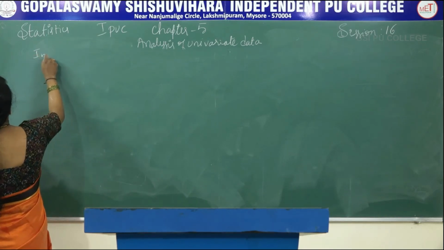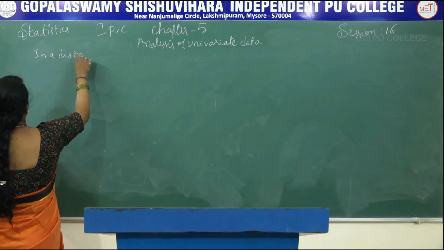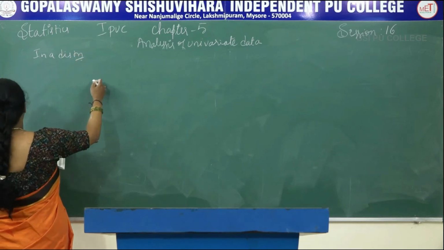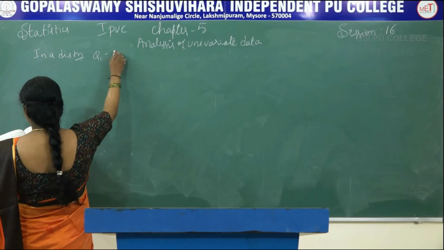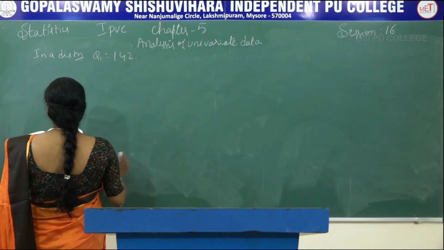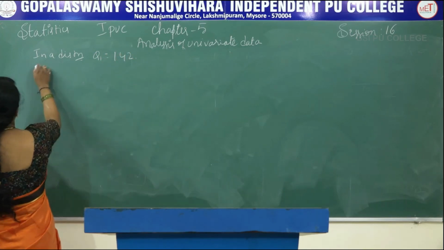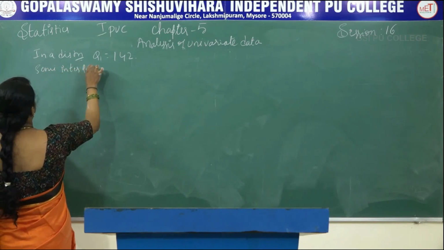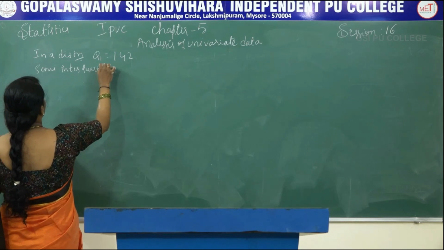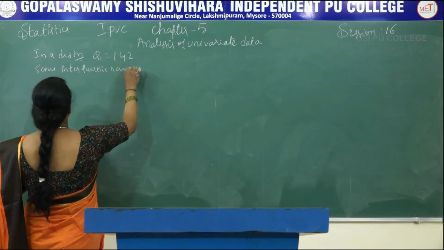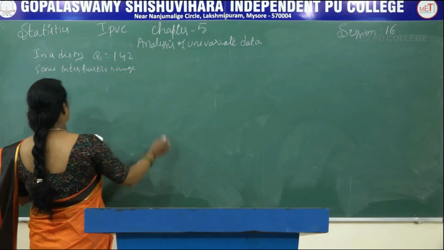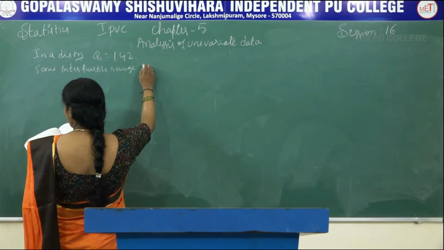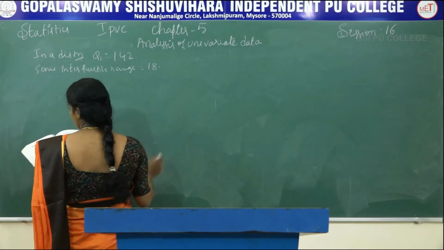In the distribution, the first quartile, that is Q1, is equal to 142. Semi-interquartile range is nothing but (Q3 minus Q1) by 2, is equal to 18.